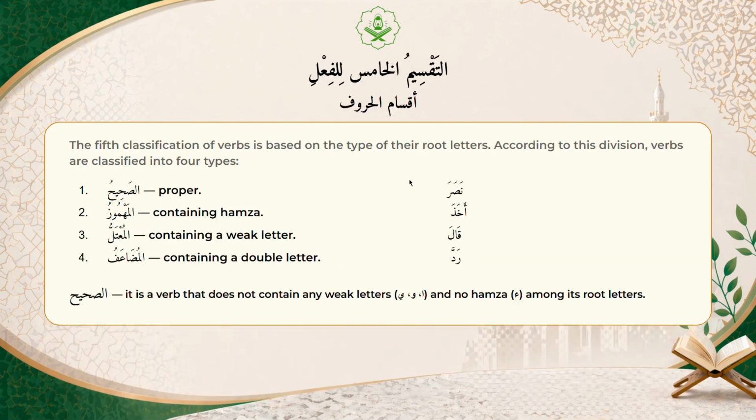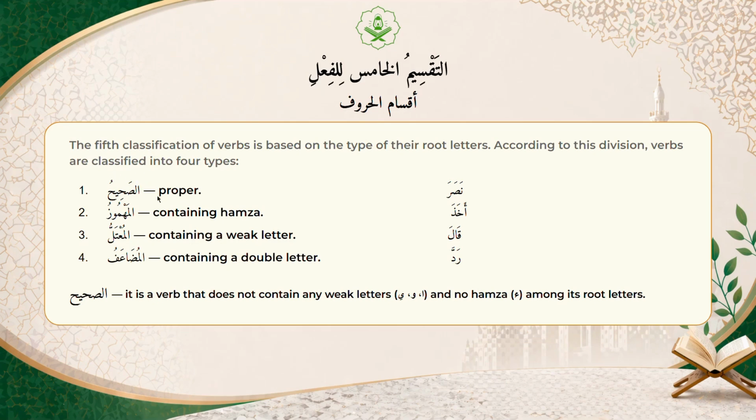Our fifth classification, التقسيم الخامس للفعل. This classification is based on the type of letters in a verb. It has 4 different types.